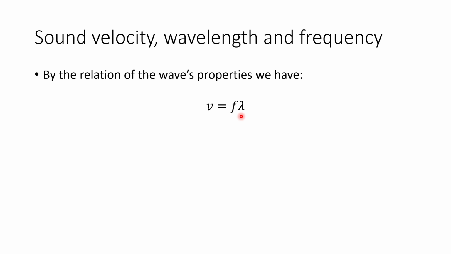Since lambda is the length per one wave crest, and f is how often the oscillation happens, if you multiply the length it travels per one period by the frequency, you would have the length divided by time. So you would have the velocity of the wave that you can calculate. If you know the frequency and the wavelength of the wave that's traveling, you can calculate its velocity.